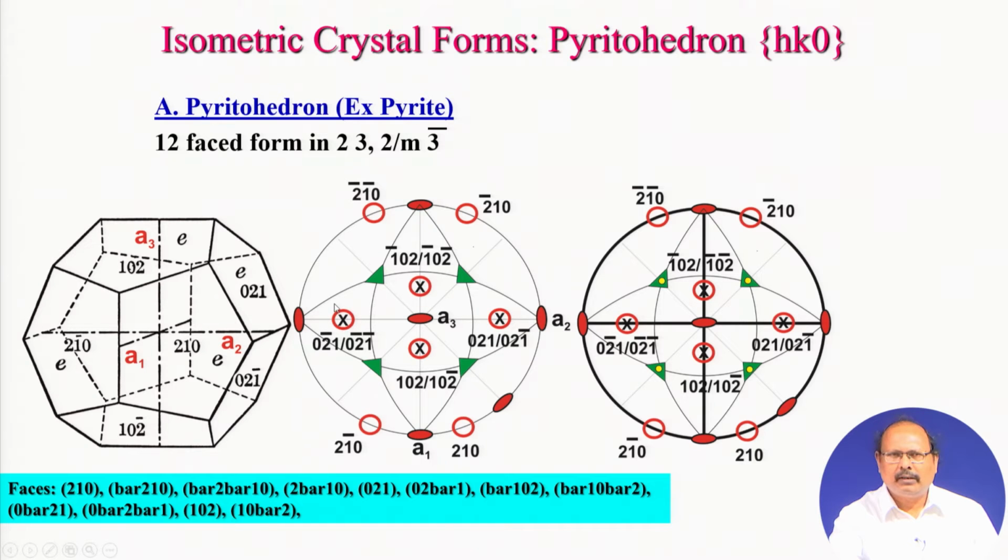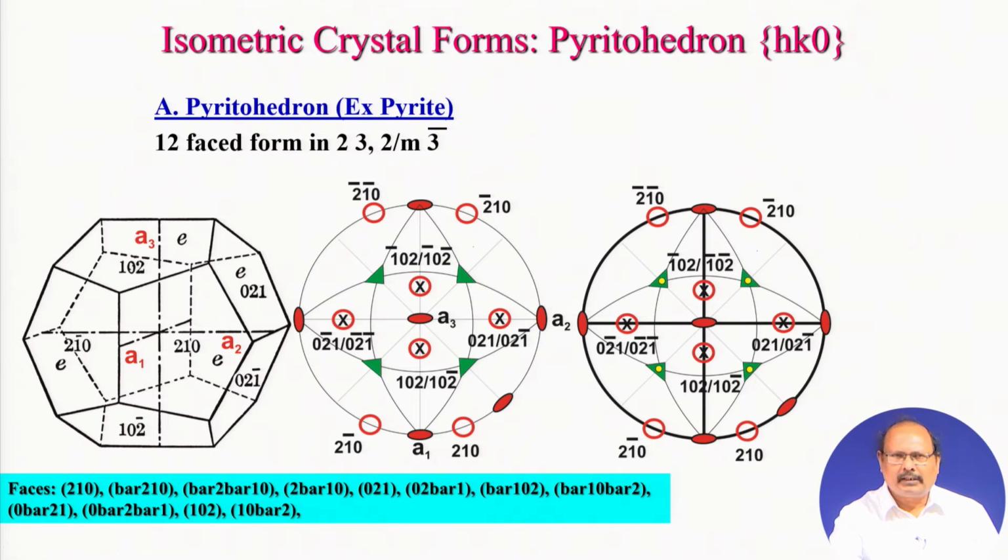So, by applying the additive rule here, it will be 0 bar 2 1 here, this open circle here, and after this will now be acted upon by this triad here. So, this open circle after 120 degree rotation will come here, and the position here will be 2 bar 1 0 here.